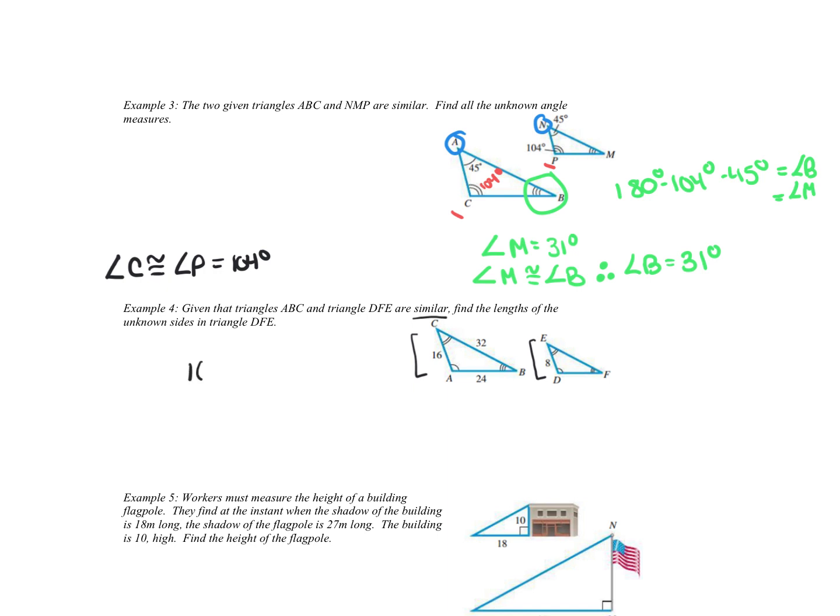So 16 is equivalent to this 8. Those are the similar sides. If I want to find this side over here that I'm going to call X, EF corresponds to CB. So CB goes on top because I put the triangle I knew on top over X. So top and top came from this triangle right here.